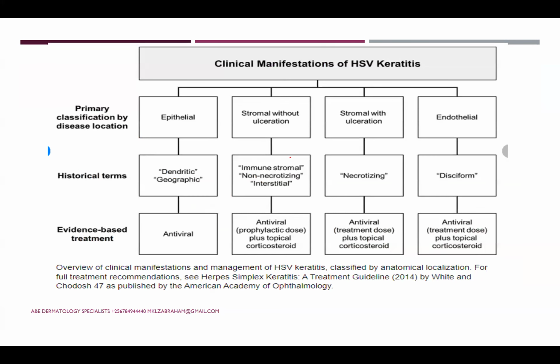So when you are to look at the clinical manifestation of herpes simplex virus keratitis, we need to understand that this is further classified depending on what you are affecting. So it can be a primary infection by classification, depending on the location of the disease. It can be on the epithelium, it can be on the stroma without ulceration, or on the stroma with ulceration, or even on endothelial cells.